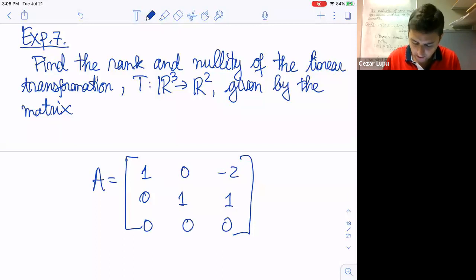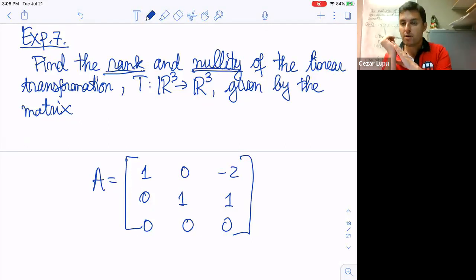Sorry, it's from R3 to R3. Now pay attention. I need to find the rank and the nullity of the linear transformation from R3 to R3, given by this matrix.